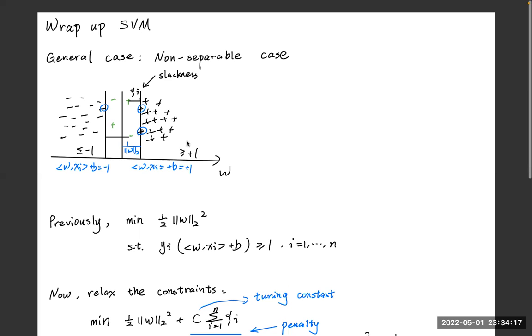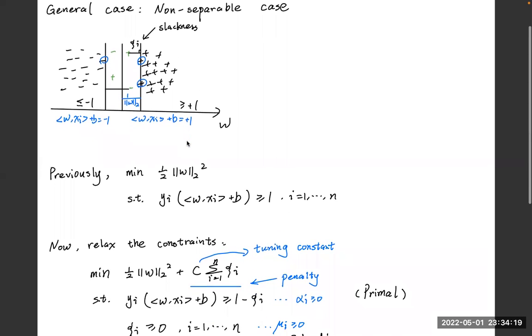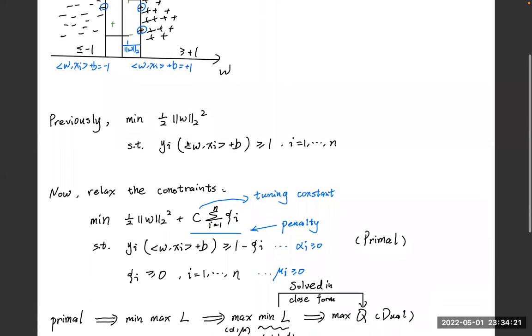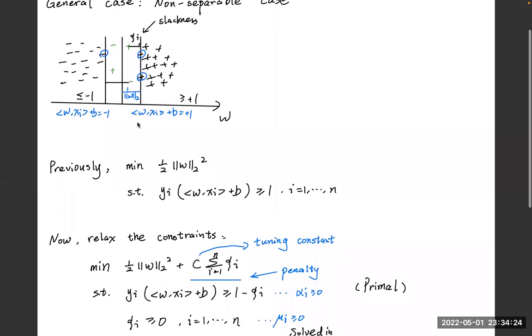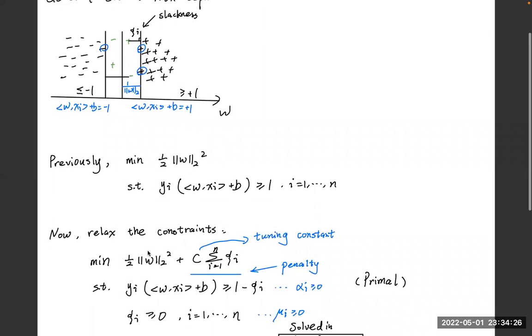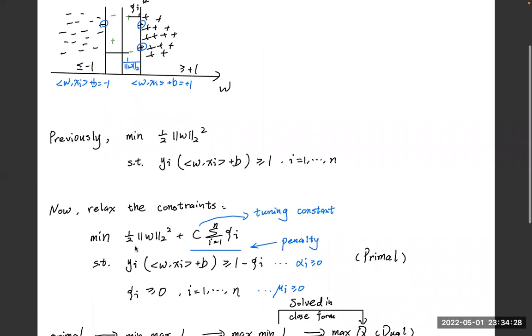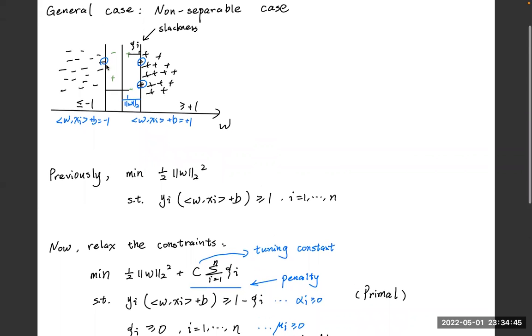Okay. And for those examples, so we actually want our classifier to continue to have a very big margin. So we still minimize this 1/2 of the square length of W, the same as a separable case. But then we also allow the slackness, or we allow the violations for the safety boundaries.